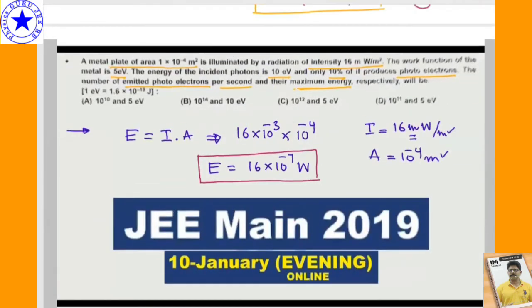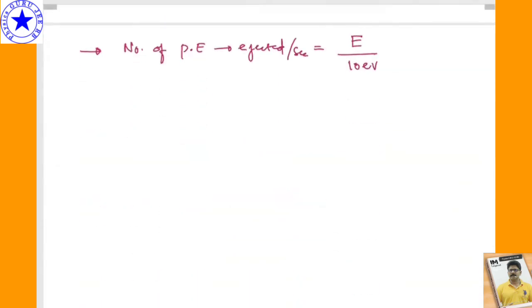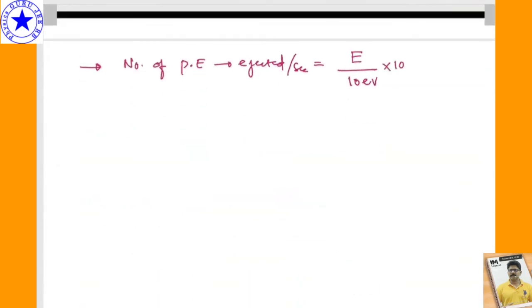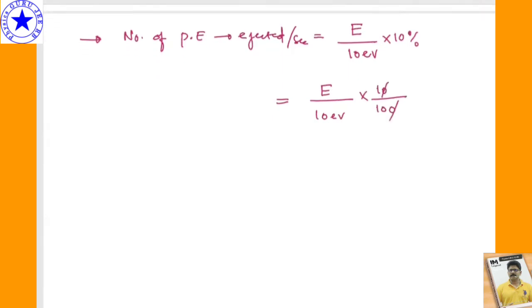The energy of the incident photon is 10 electron volts and only 10% is effective, so number of photoelectrons is E divided by 10 electron volts into 10 divided by 100. Hope it is clear. These two will cancel. Next, proceeding with this, the number of photoelectrons can be calculated.